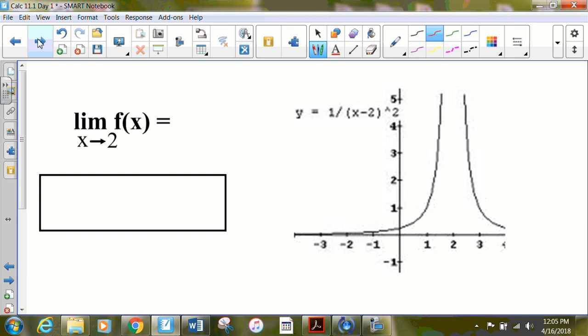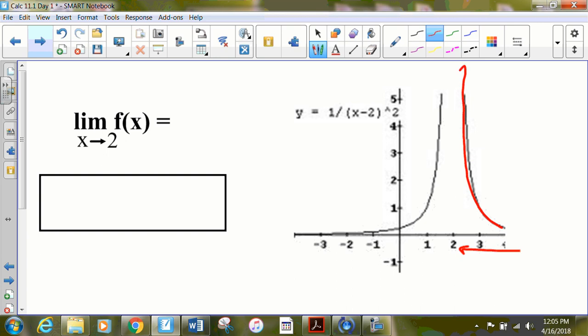Okay, so here, this function, we're looking at the graph, and we're wondering what's going on with y as x is approaching 2. So what's the limit of f of x as x is approaching 2? When x is approaching 2 from the right, I see that y is getting taller and taller and taller, and there's no arrows, but it's implied, right?